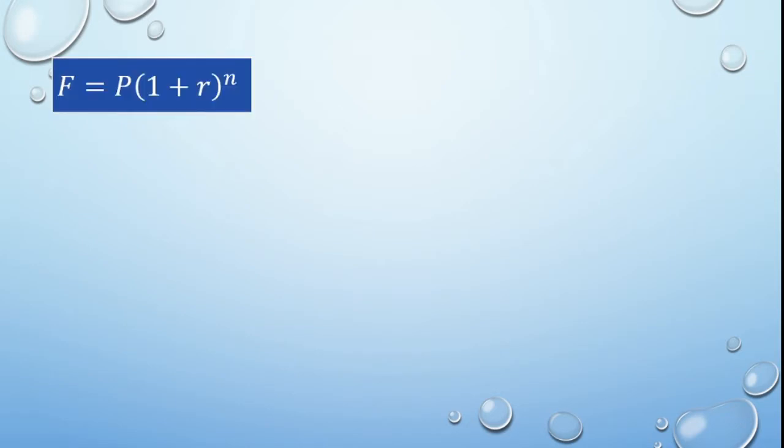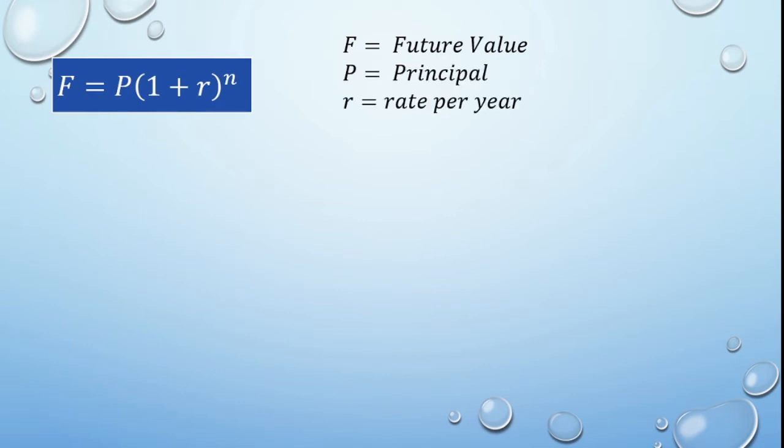The formula for the compound interest is F = P(1 + R)^N, where F is the future value, P is the principal, R is the interest rate per year, and N is the number of years.